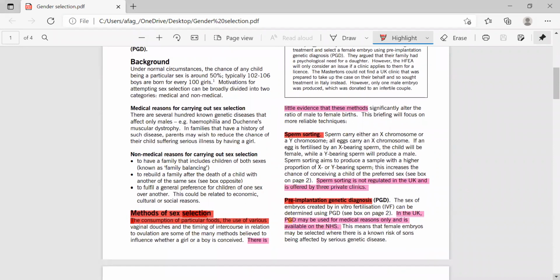The information we need to know is, first, there is no natural way of having a boy or a girl. There are some myths and misconceptions around that, for example, that particular kinds of foods, use of various vaginal douches, timing of intercourse, and the method of intercourse could influence the gender, which is totally without evidence.